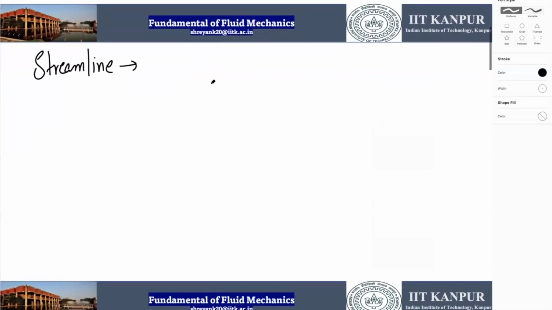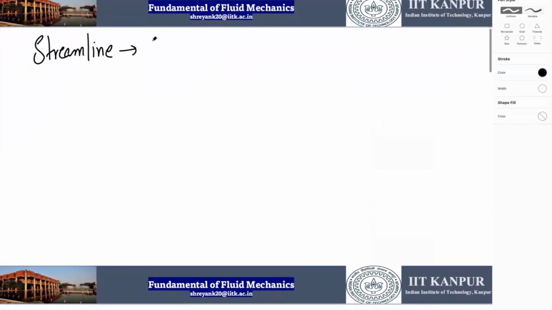So the concept of a streamline is basically used to describe the Eulerian description of fluid flow. I will formally define what a streamline is. I already defined it once previously.